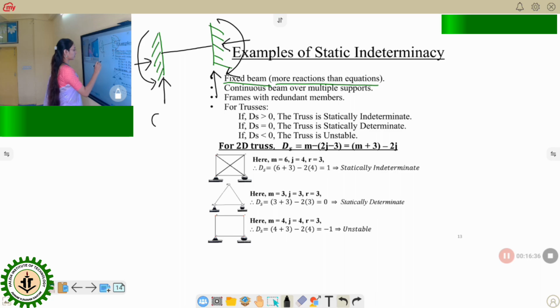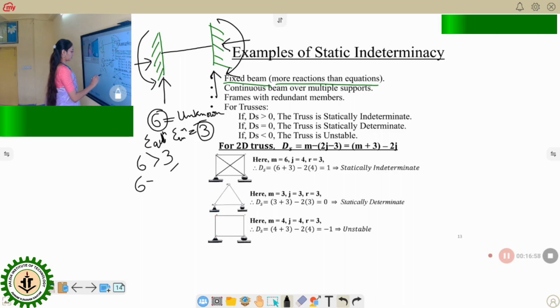That means 6 unknowns, but equilibrium equations are 3. That means 6 is greater than 3, so static indeterminacy is 3. Similarly, other examples are continuous beams over multiple supports and frames with redundant members.